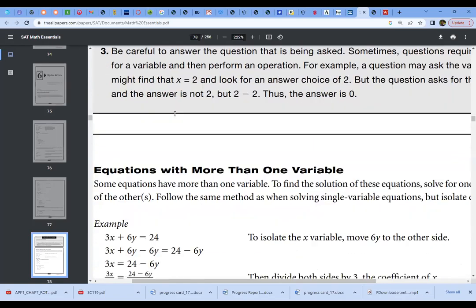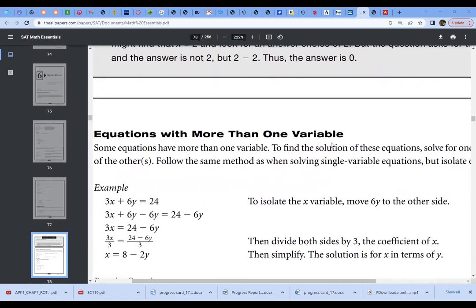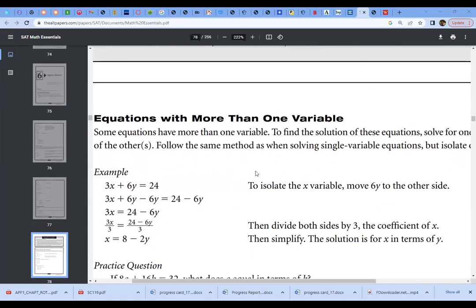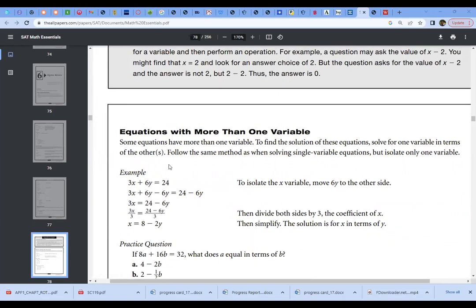Okay. Now we're going to turn to equations with more than one variable, where you find x and y. Some equations have more than one variable. To find the solution of this equation, solve for one variable in terms of the other.